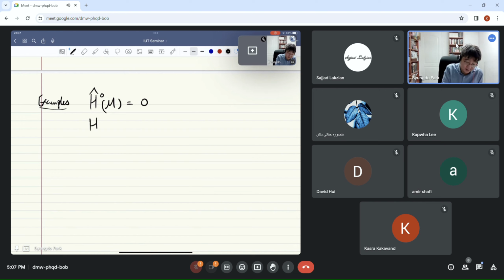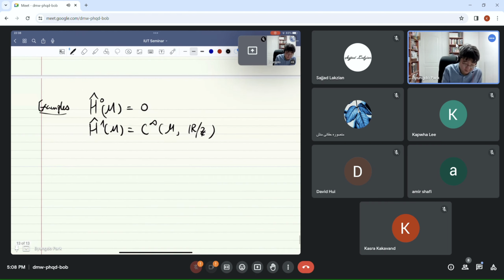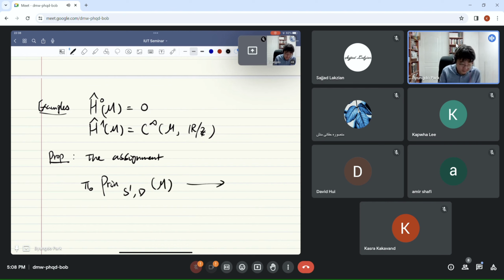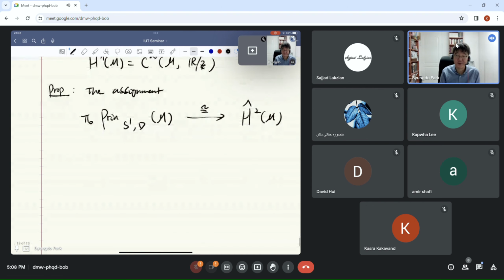Degree one, this must be smooth maps on M valued in the circle, or C. And so those two are something that doesn't need a lot of work, but the assignment: you take pi naught, i.e. isomorphism classes of principal S1 bundles with connection over M, and you send it to degree 2 differential cohomology. This is an isomorphism. So I mean, this is a bijection.